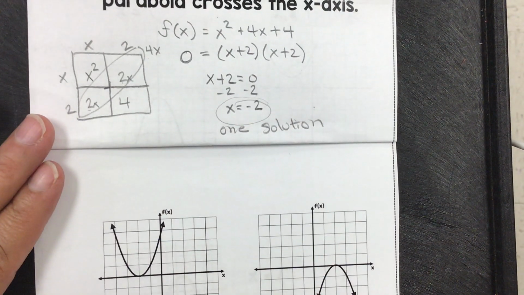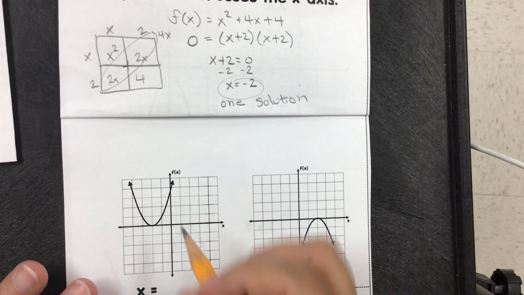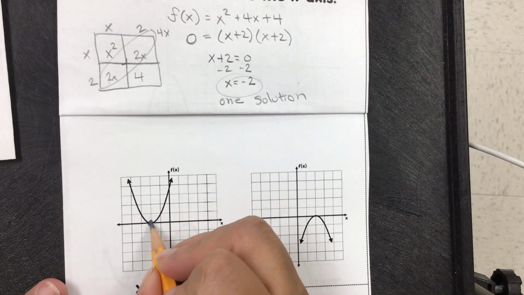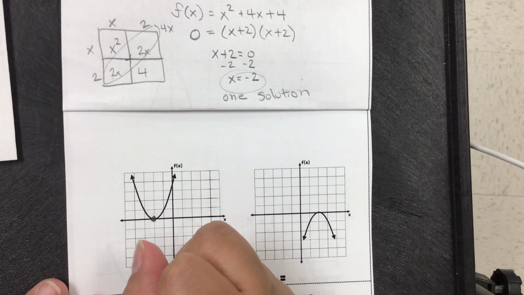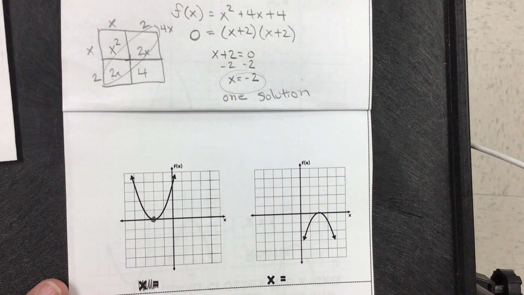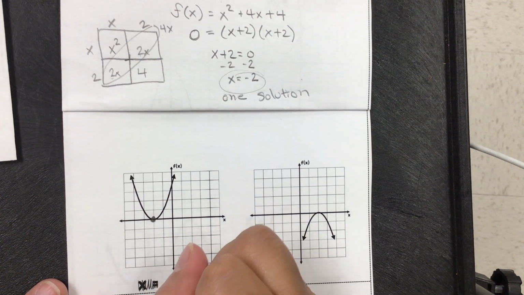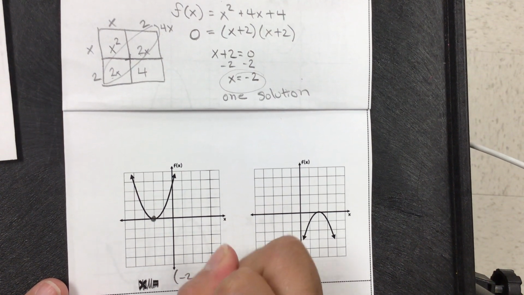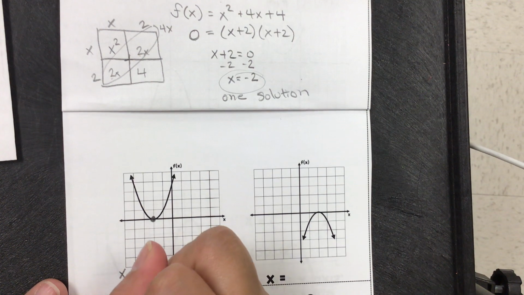Let's take a look at the graphs. On the graphs, what you're looking for is where it touches the x-axis, and that's why it's called an x-intercept. I don't like this notation, so I'm going to mark it out. That point where it touches the x-axis is negative 2, 0. So that's the x-intercept.